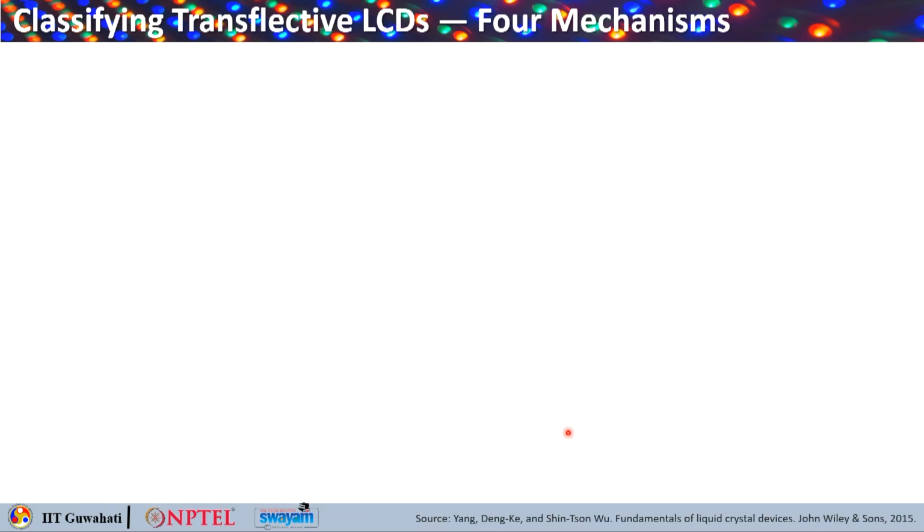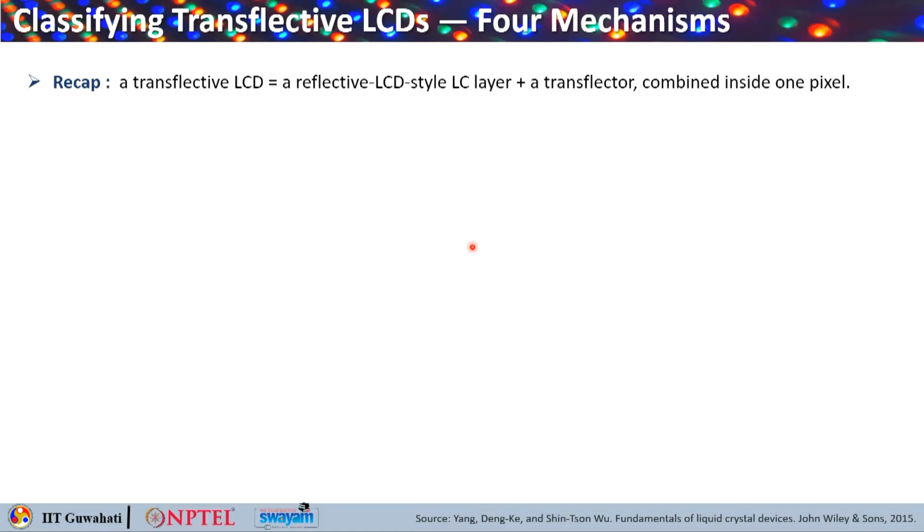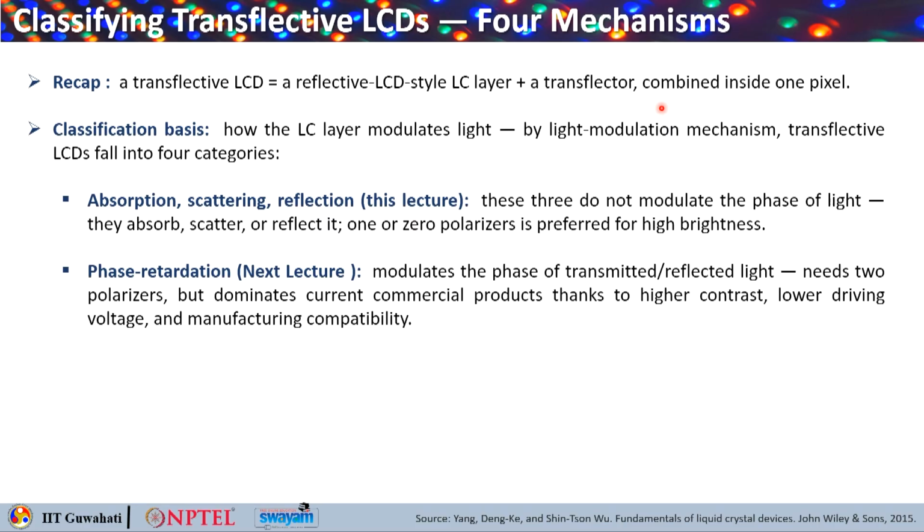So once you want to classify the transreflective LCDs, you need to understand that transreflective LCDs are nothing but a reflective LCD style liquid crystal layer, plus a transreflector, combined inside one particular cell.